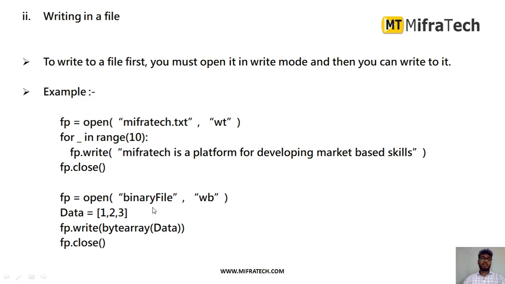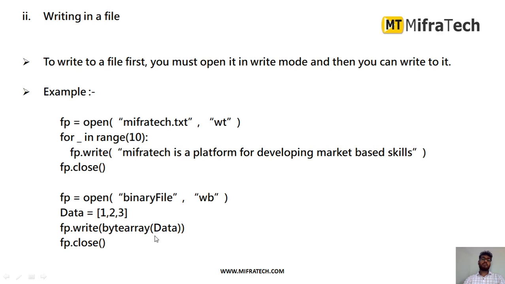In a similar way, in the next example I have opened a binary file. In order to write some data into a binary file, you have to use the mode WB. After that I am writing some binary data using fp.write(). After opening in writing mode, to write the data we have to make use of the inbuilt function write, so fp.write().